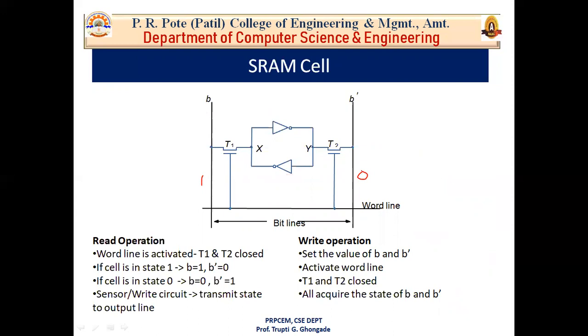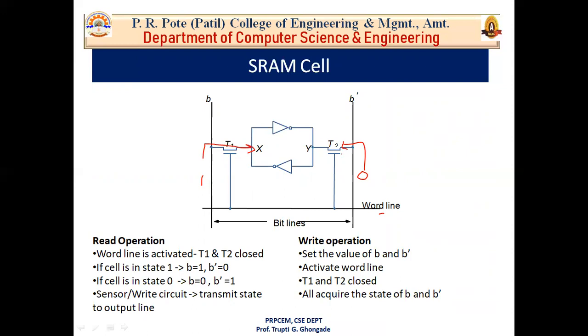Then the word line is activated. Activated means these two transistors are turned on, or they are closed. So the values from these two bit lines are transferred to X and Y. So that is a read and write operation.